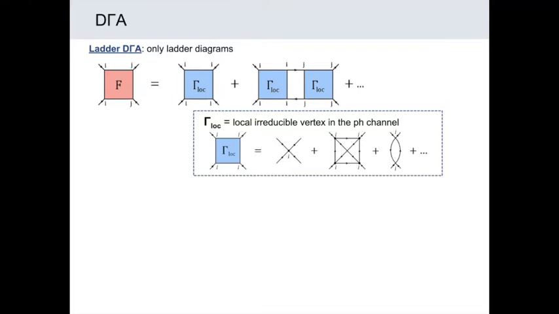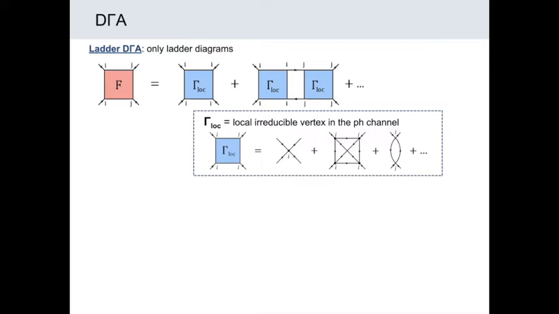Because for these diagrams, if you take all possible two-particle diagrams, they are either fully reducible or reducible in one of three channels. You have the particle-hole channel. You can think of it like this horizontal direction here, where you construct the ladder diagrams. Then you have the transversal particle-hole channel. That's like rotating these ladder diagrams in the vertical direction. And then you also have a particle-particle channel.